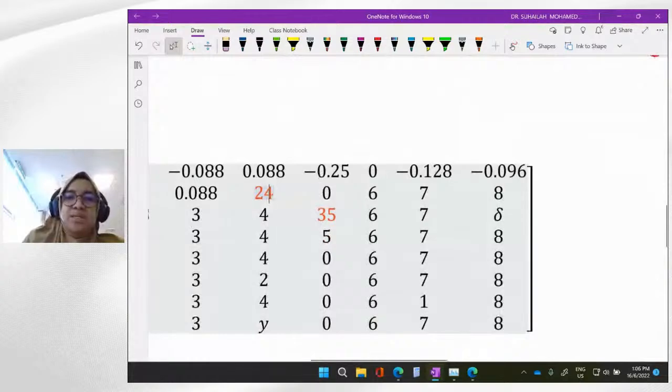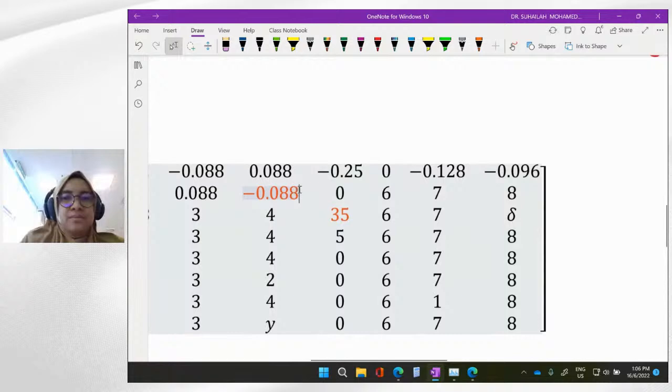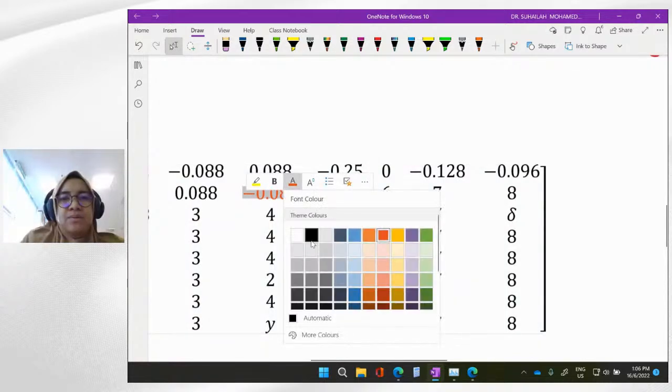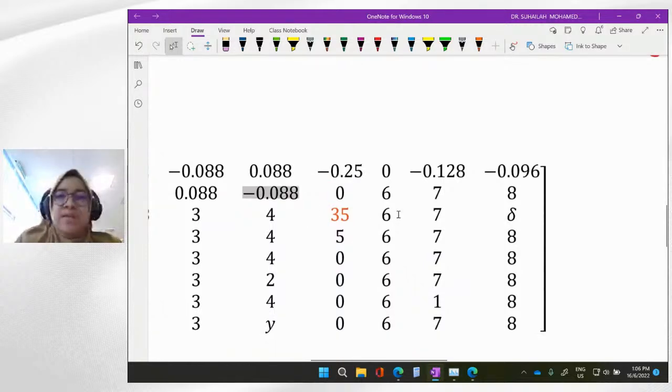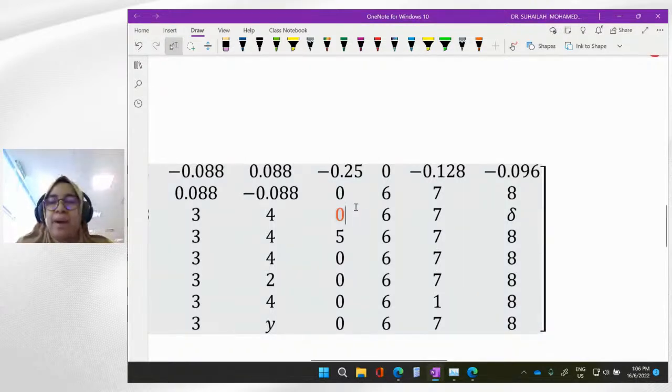What about 3, 5? The value is equal to 0 because we cannot find 3, 5 in K1, K2, or K3. When we cannot find the value in the element stiffness matrices, we put the value at position 3, 5 as 0.